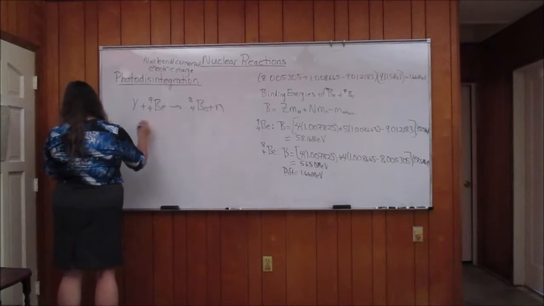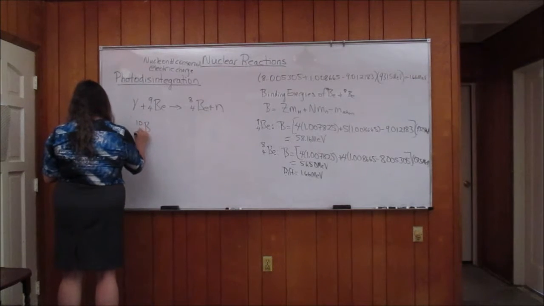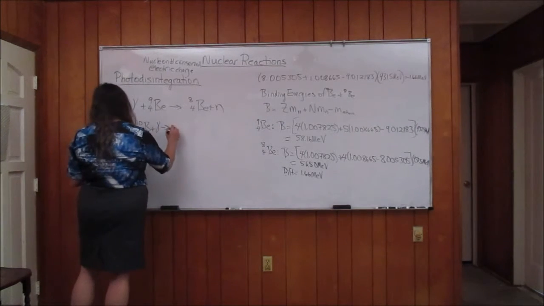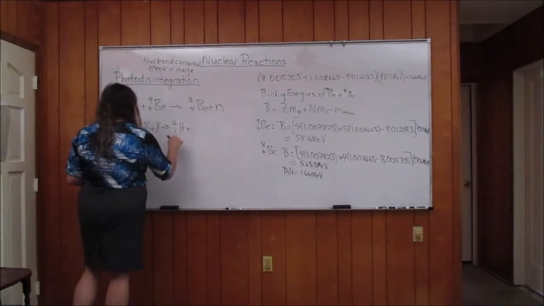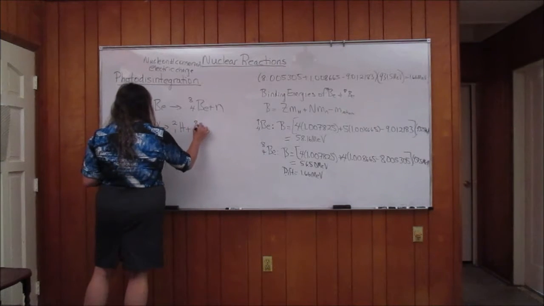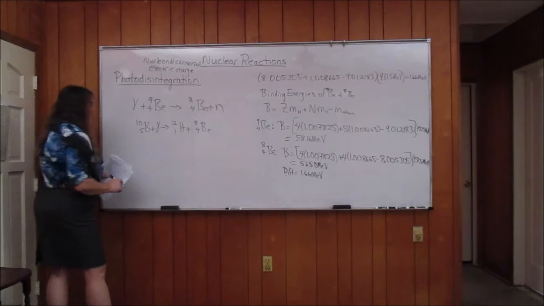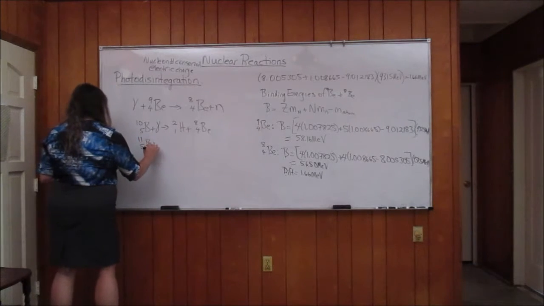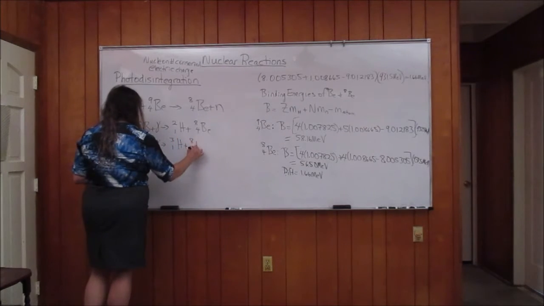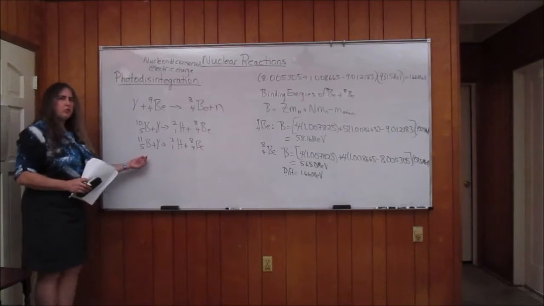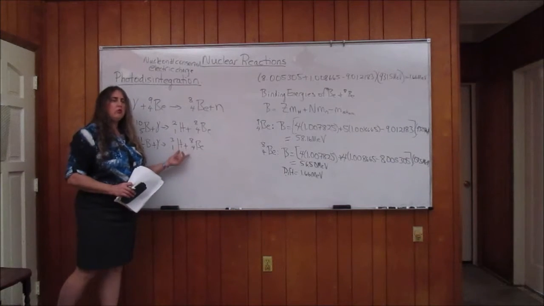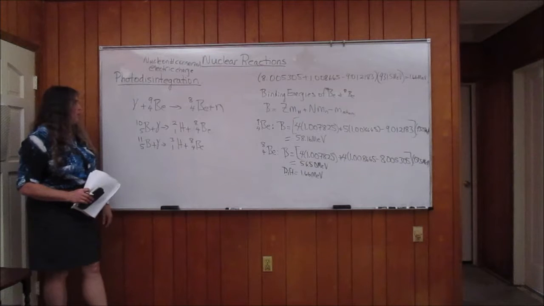Let's see, we've got boron-10 bombarded with gamma radiation. That causes a deuteron to be pulled out, and you'll be left with beryllium-8. You can also bombard boron-11 with gamma radiation, and a triton, a tritium nucleus, will be pulled out, and you'll be left with beryllium-8 once again.